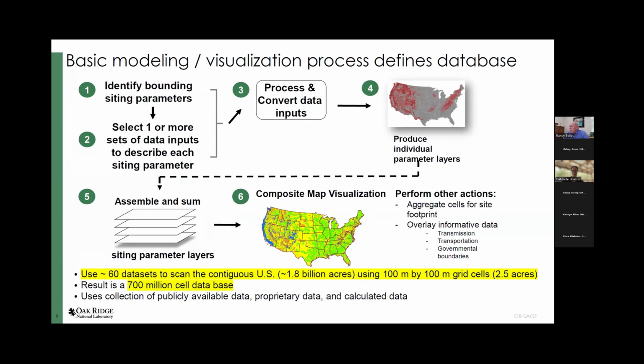So this slide is, in fact, the whole ORSAGE process. So if you had to put the whole model on one slide, this is it. So using the available guidance that I just talked about, potential bounding siting parameters are identified, and the supporting data is processed to represent data using a consistent coordinate system.